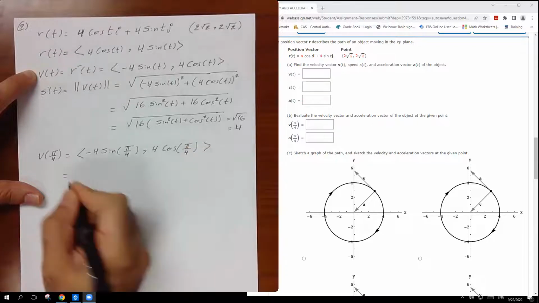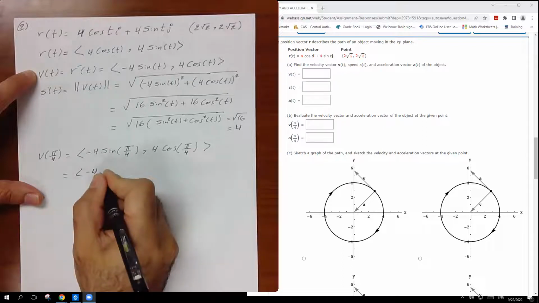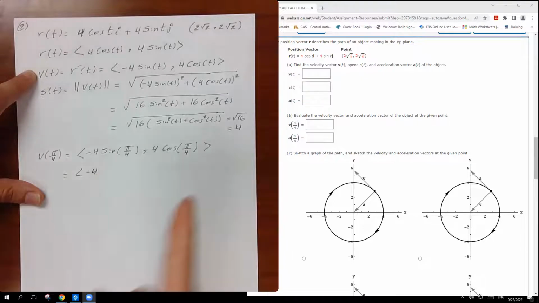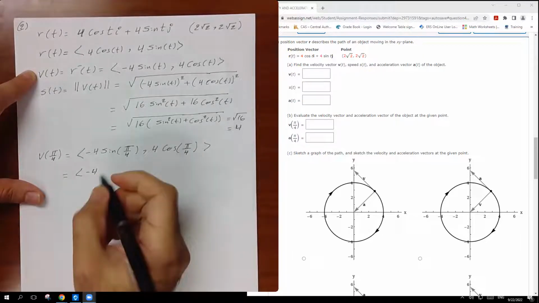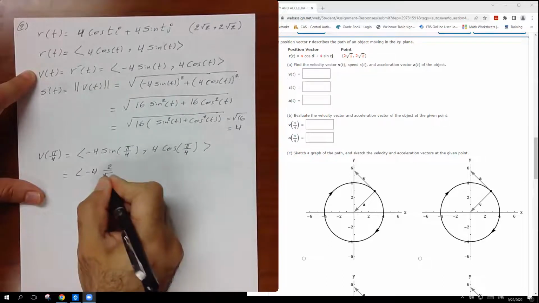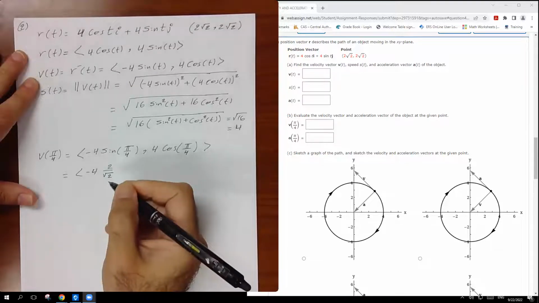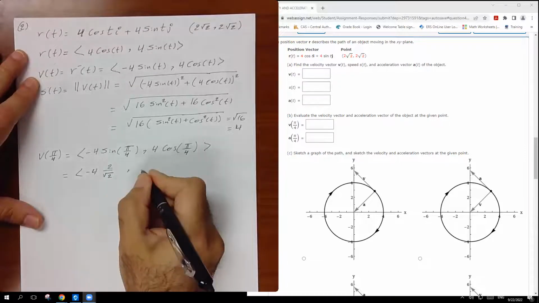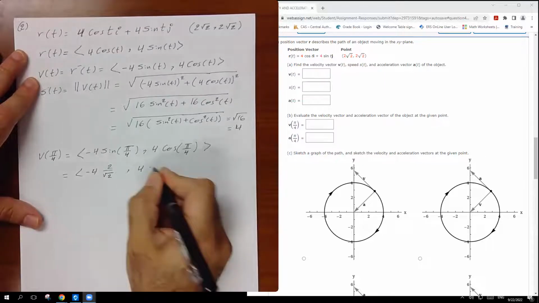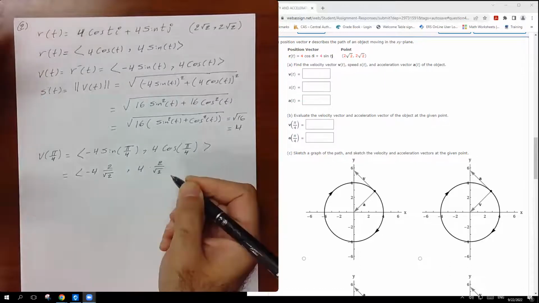That means negative 4 sine pi over 4, which is 45 degrees. That means the sine is going to be 1 over square root of 2, or you can write it as 2 over square root of 2. Or 1 over square root of 2 is going to be the same thing. And 4 cosine is going to be, let's write it as 2 over square root of 2. Or 1 over square root of 2 is going to be the same thing.